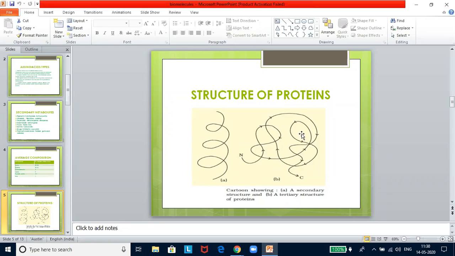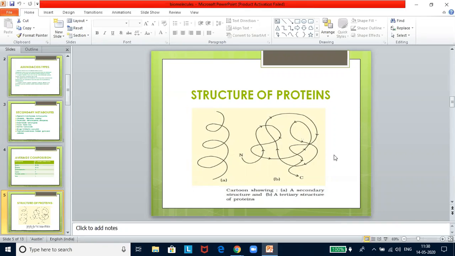As a result, bonding interactions between the side chains may cause a number of folds, bends, and loops in the protein chain. Different fragments of the same chain may become bonded together. There are four types of interactions between the side chains: hydrogen bonding, salt bridges, disulfide bonds, and non-polar hydrophobic interactions.